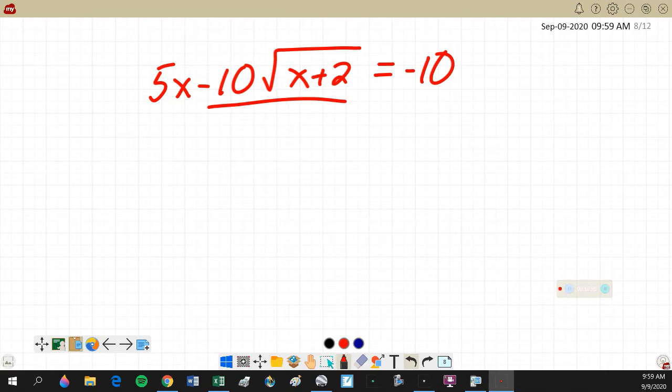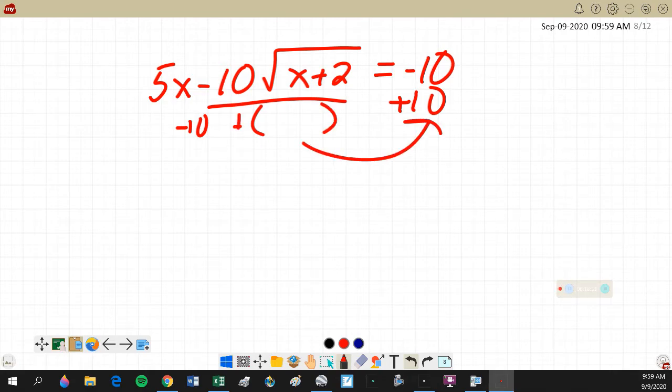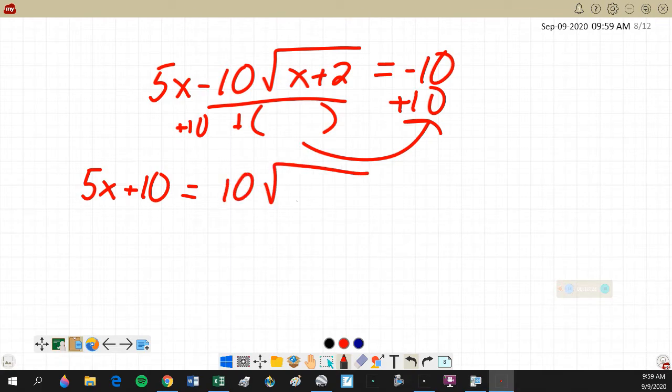If I move stuff the other direction, everything is positive. So I will move the 10 over here, and I will move all of this stuff over there with addition. 5x plus 10 equals 10 times the square root of x plus 2. Everybody follow that? Now what?